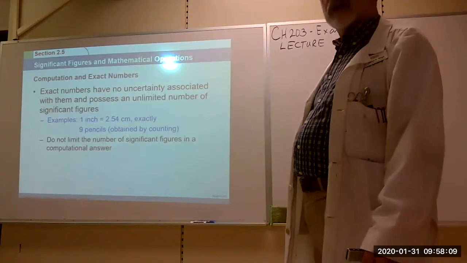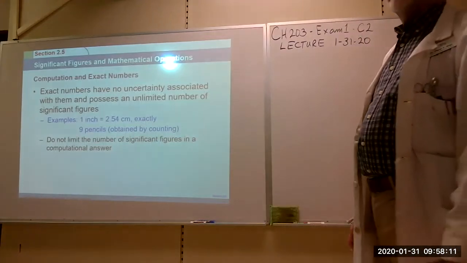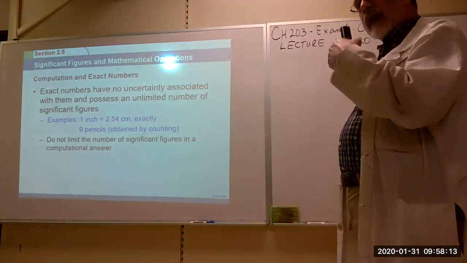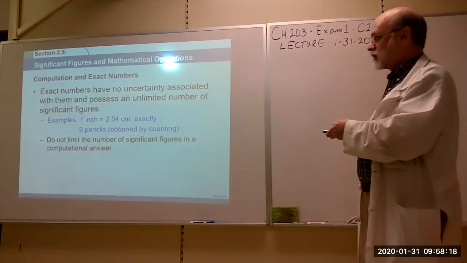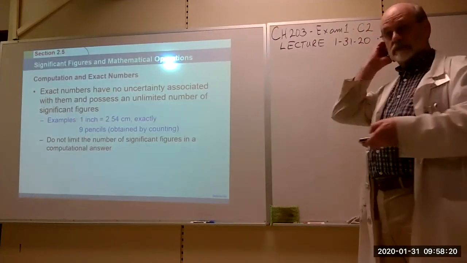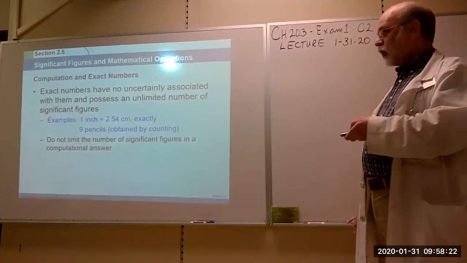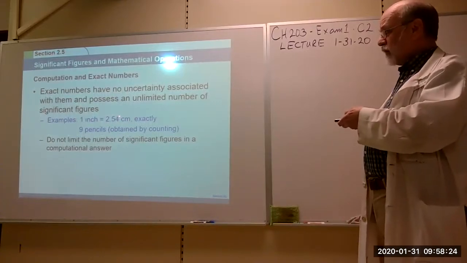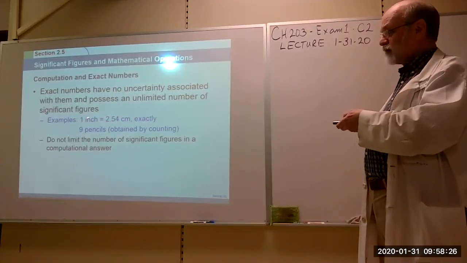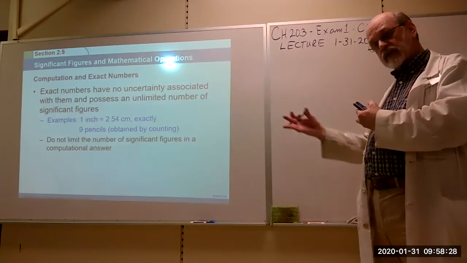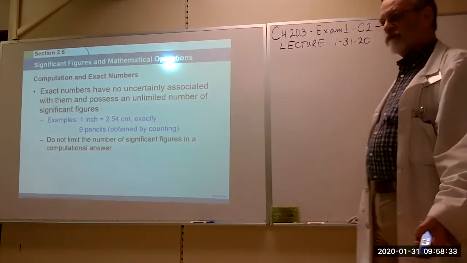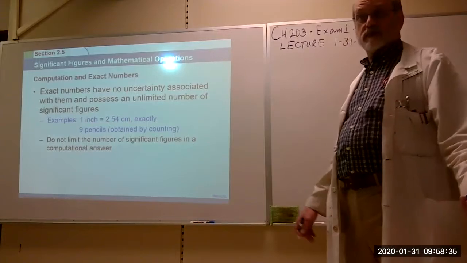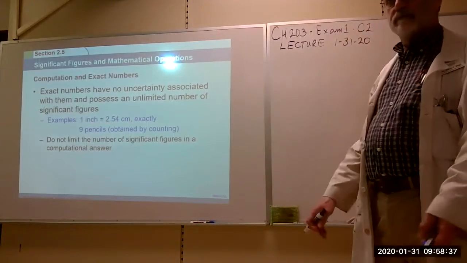When they enter a calculation, you can ignore them and just look at the numbers that are actual measurements, and not conversion factors. Okay? So if we use this number, 2.54 centimeters per inch, in a calculation, then the 2.54, it might as well be 2.54000000. It doesn't matter.